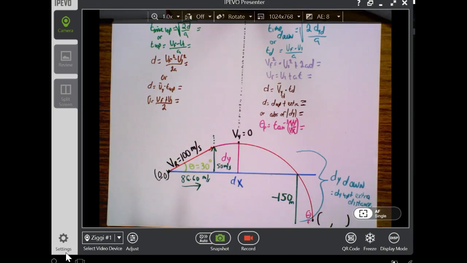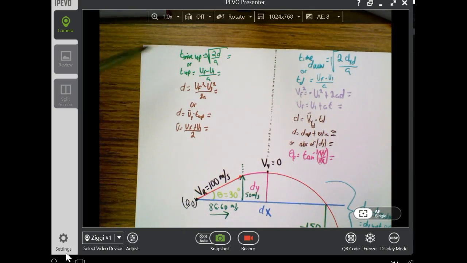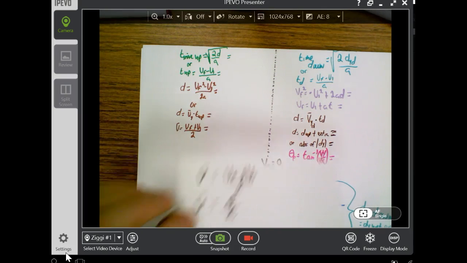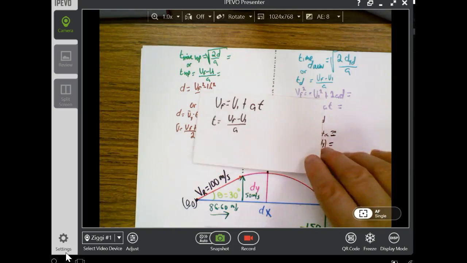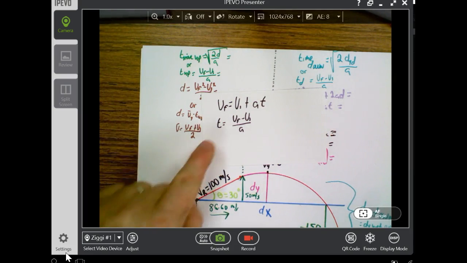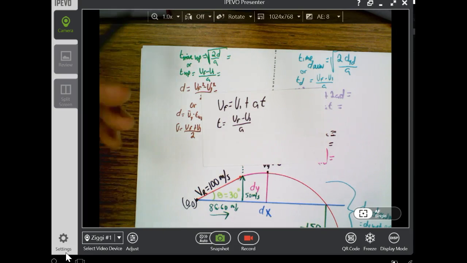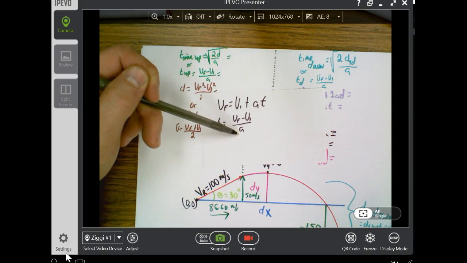Now that becomes my initial velocity for the beginning of the problem at 30 degrees. Now we're going up at 50 meters per second. I can use these formulas here, which you probably recognize from the old flashcard sort of thing. There's your average velocity, there's velocity final, which also could be solved for t, and if you think about it, this is delta v over delta t.